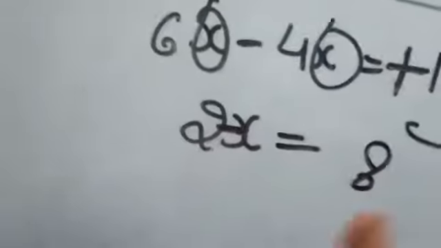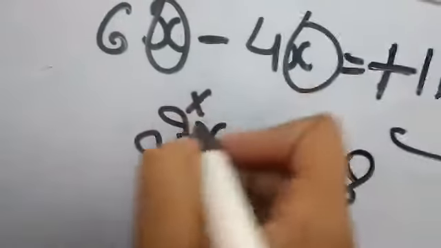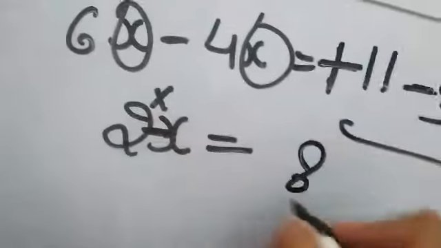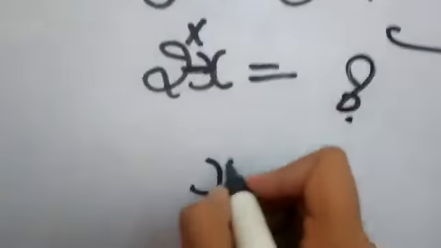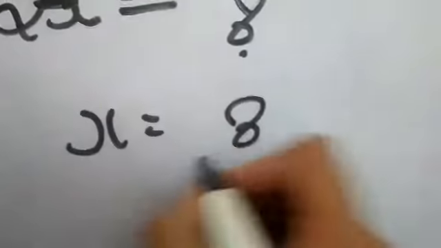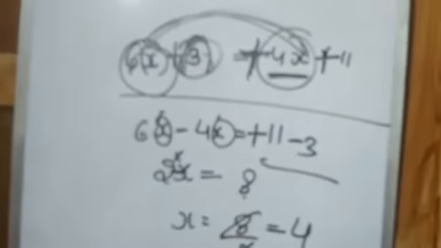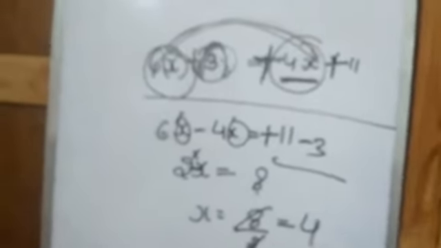So here there is no sign between 2 and x. It means they are in multiplication. So when we change the side of 2 and bring it here, it will become divide. Opposite of multiplication is divide. So x equals 8 upon 2, which is 4. So the answer of this equation is 4, meaning the value of x is 4.